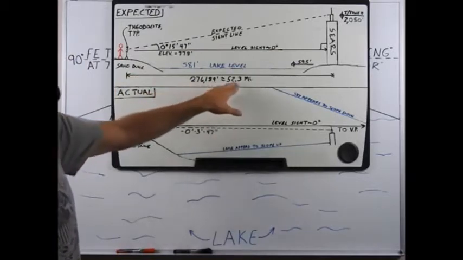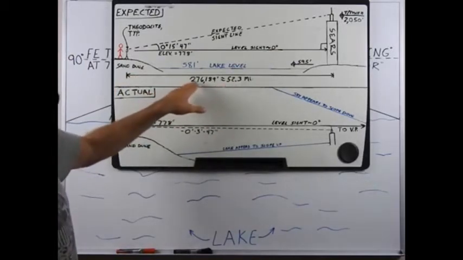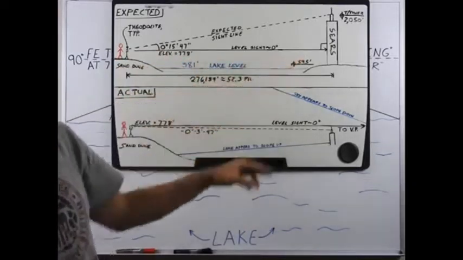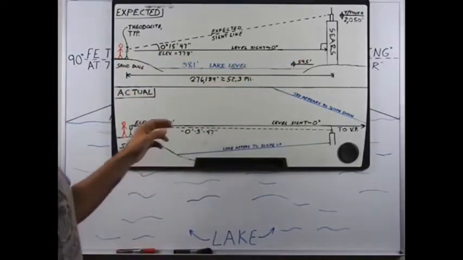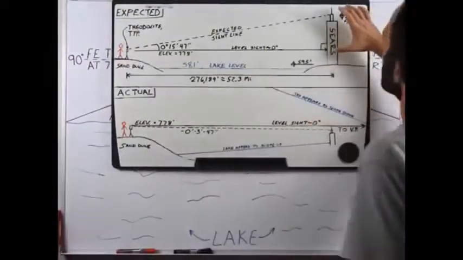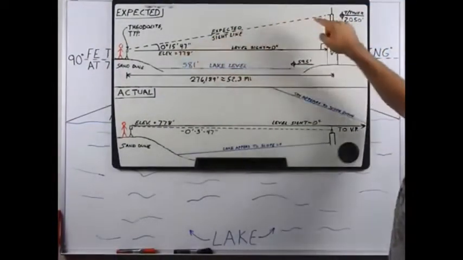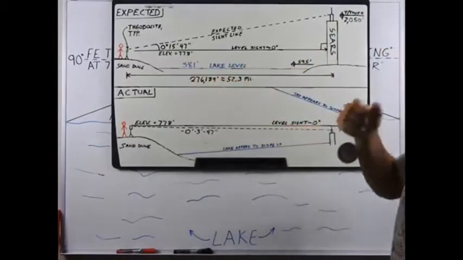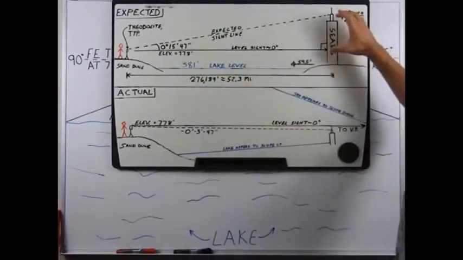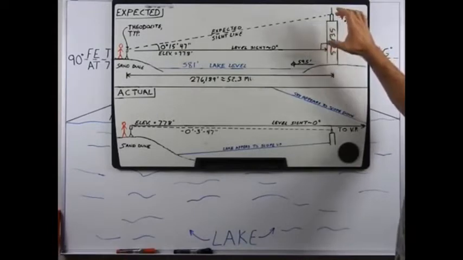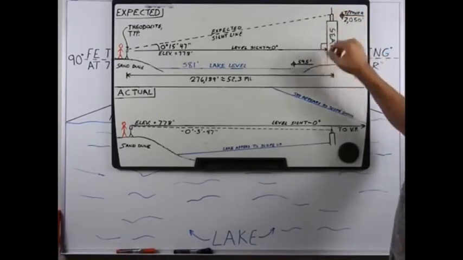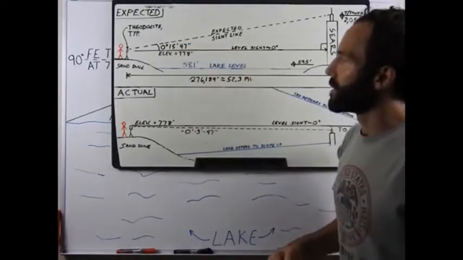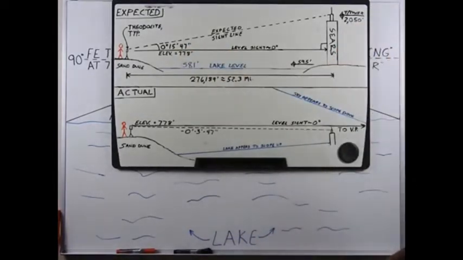You've got 52.3 miles, which is 276,189 feet. That's your adjacent leg for your right triangle. This would be the hypotenuse, the sight line. The opposite leg is 2,050 feet minus 778 feet. So the inverse tangent of your opposite leg divided by your adjacent leg gives you this angle, which is 0 degrees, 15 minutes, and 47 seconds.